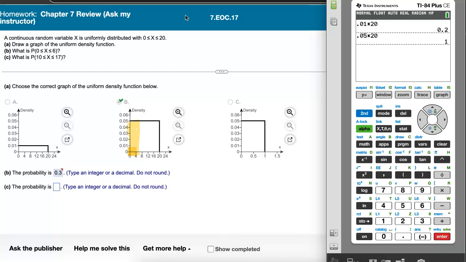So if you could imagine here this rectangle within the density function that still has a height of 0.05, and now this yellow rectangle goes from 0 to 6, so it has a length of 6. So I'm going to multiply 0.05 times 6.